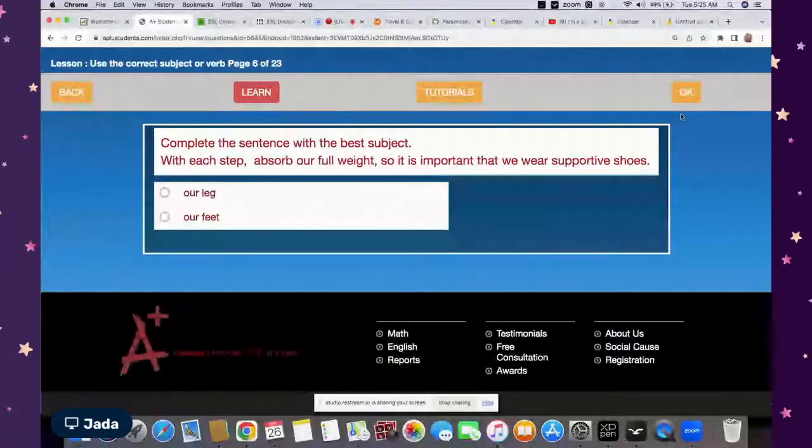With each step, dash absorb our full weight, so it is important that we wear supportive shoes. Now, what is the best subject? Please send in your answer. What's the best subject?